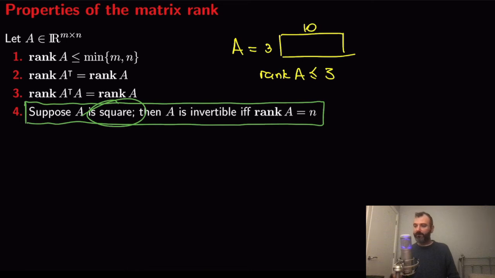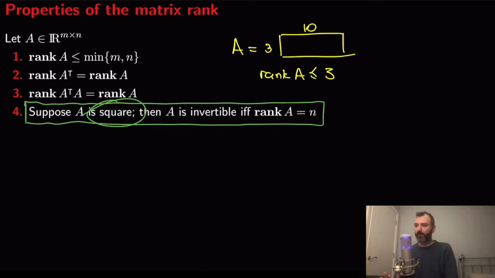So if I have a matrix, how can I tell whether it is invertible? This property says, look at the rank. If the rank of A is equal to n, then and only then your matrix is invertible. If the rank of A is smaller than n, then the matrix is not invertible.